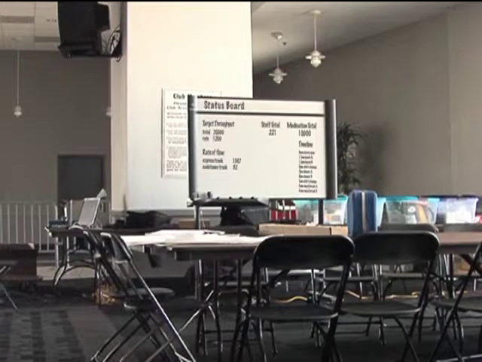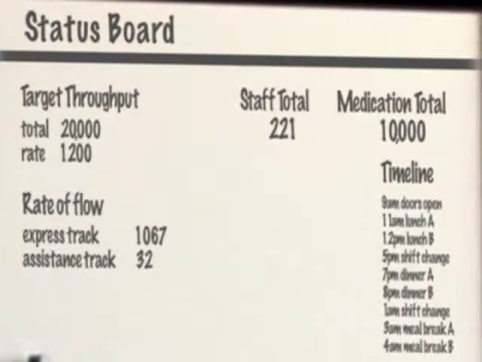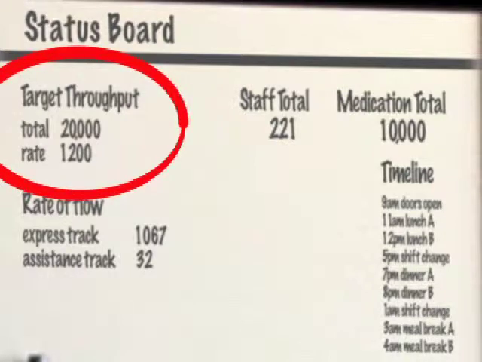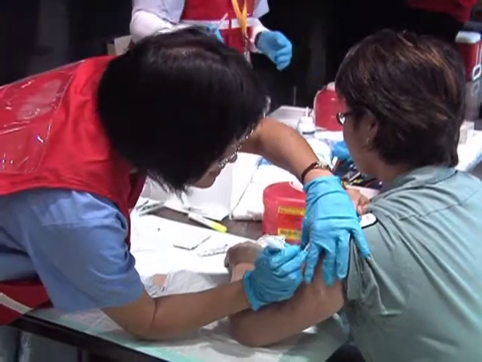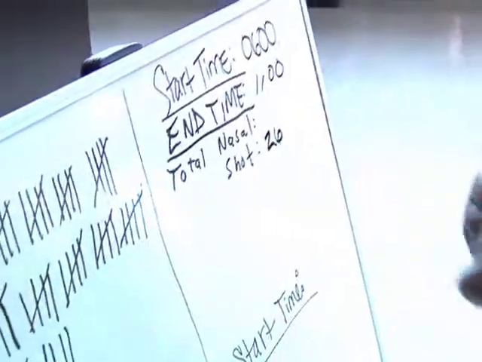One of the group's first goals should be to compile and display incident status information in the command area. Set up a status board that shows your pod's target throughput, both the estimated total number of people and the target rate. This is essential in a time-critical event because pod rule number 1, speed equals survival, can only be effective if you know the speed.